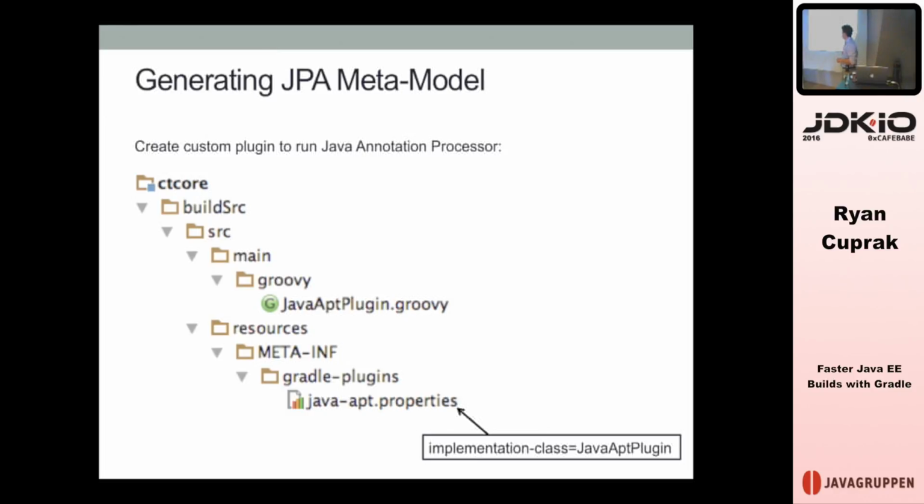So I have, off of the custom plugins that get checked in with your code, under buildSrc, a Java APT plugin for the processor, and then a properties file which contains which class in there implements the plugin, which I'm going to reference from my main build file. So that's getting the plugin set up.